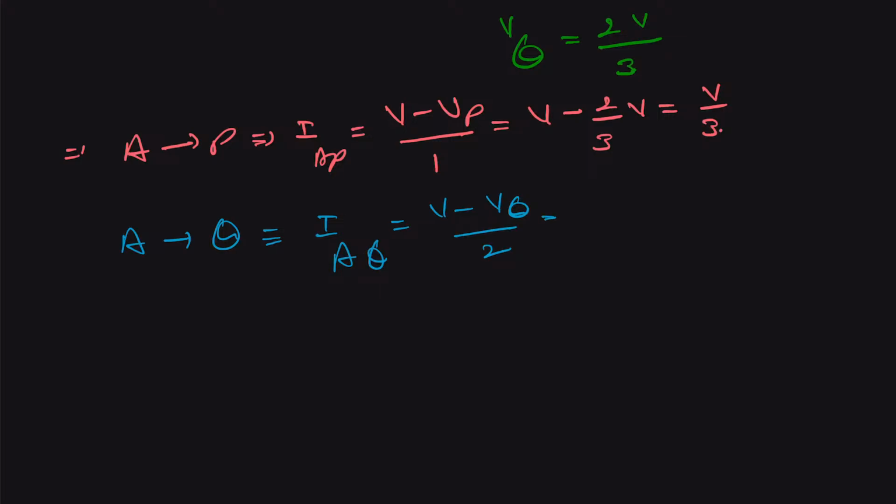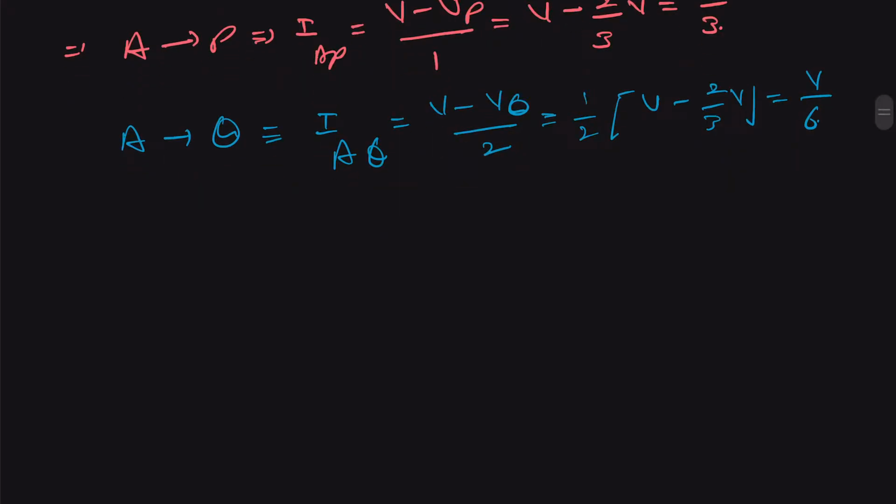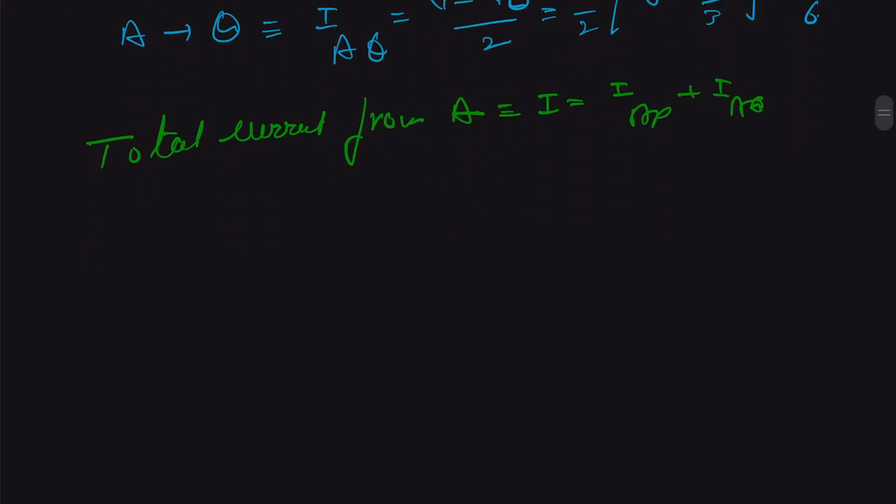So this comes as 1 upon 2 V minus 2 by 3 times V, which will be equal to V by 6. And then we can say total current from A, that is our I, will be equal to IAP plus IAQ, which gives us I equal to V by 3 plus V by 6, giving us V by 2.